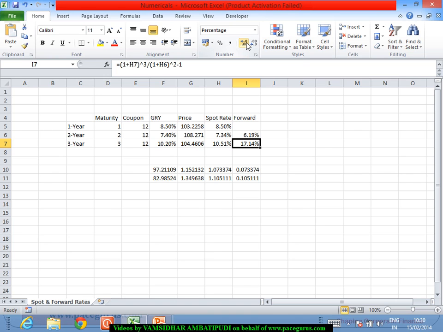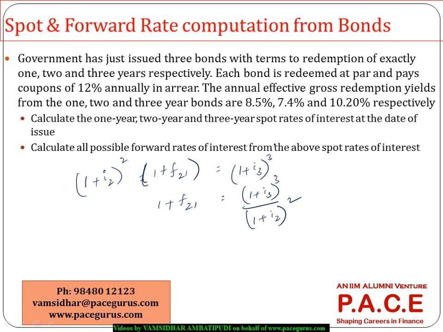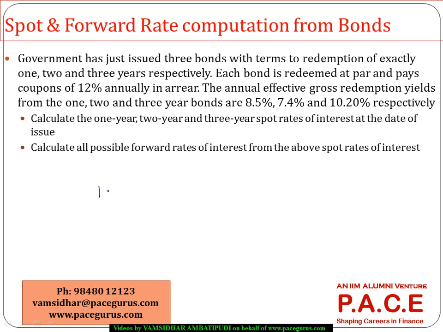The same way I can look at a 2-year forward rate if required from the first year onwards. So between 1 and 3, if I want to know the forward rate, it is nothing but 1 plus I3 cubed is equal to 1 plus I1 into 1 plus F for a period of 2 years squared.